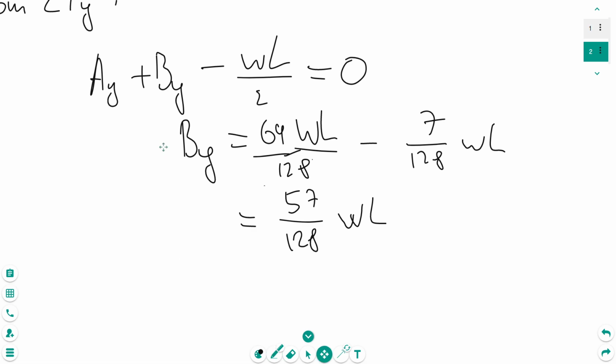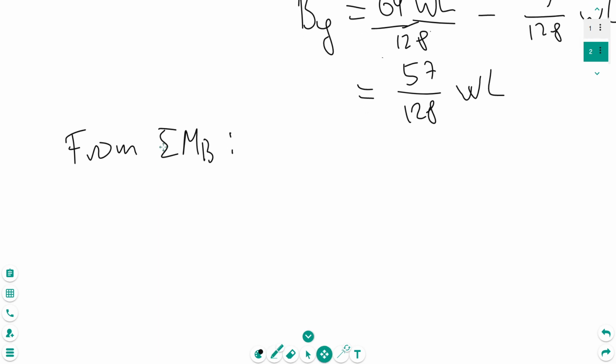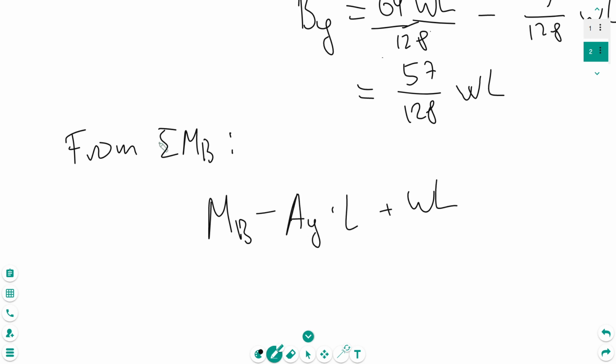Finally, to solve for my last unknown, I can look at the moment balance for the beam, and I obtained from that equation that MB minus AY times L plus WL over 8 L squared is equal to 0.